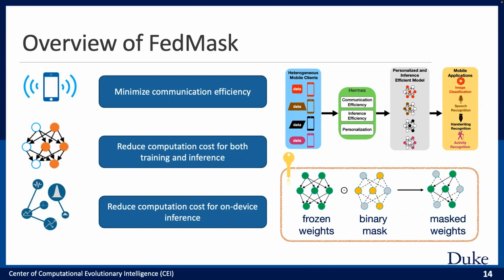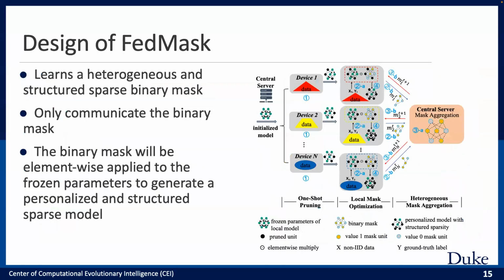That is the trick. We continue to reduce the communication cost and also the computational cost. We try to learn the heterogeneous, structurally sparse binary mask as we did in the lottery ticket idea, and we only communicate the binary mask between the clients and the servers.